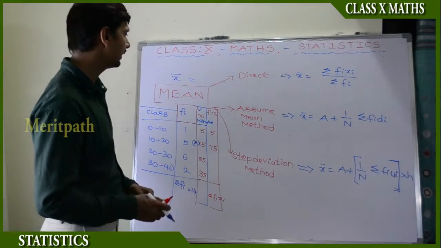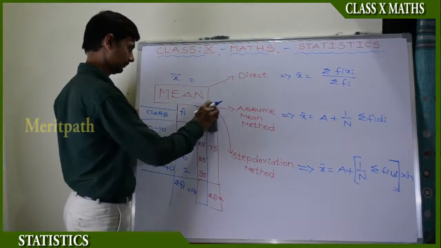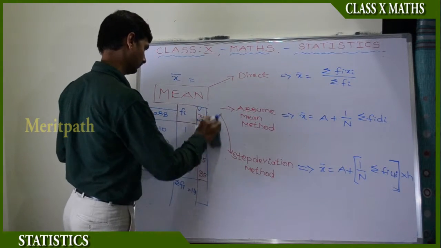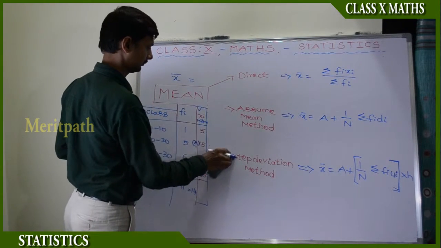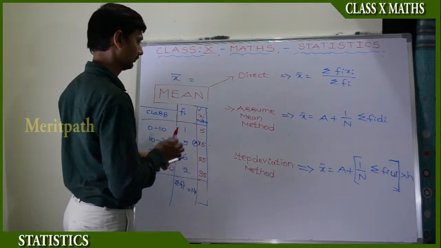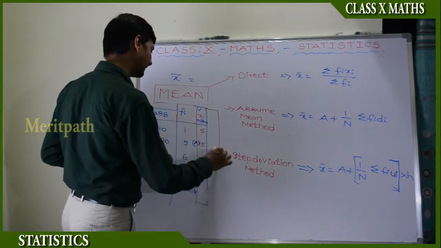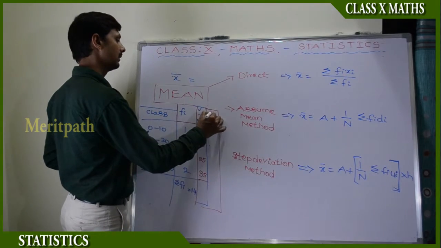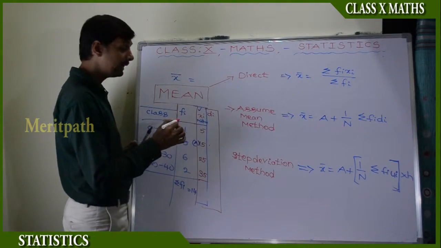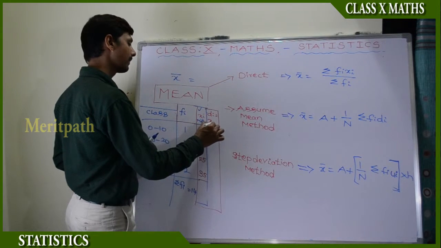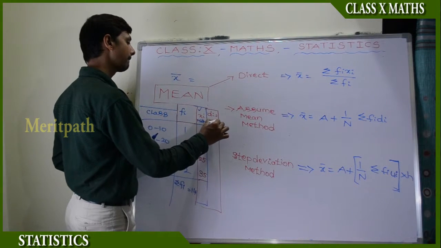Let's find out di here. To find di, it is xi minus a.